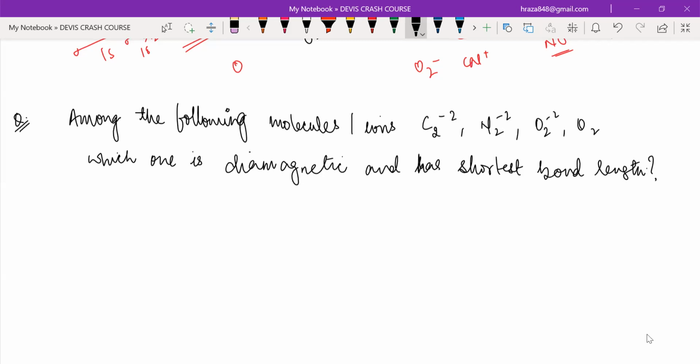We need to tell them which one is diamagnetic and has the shortest bond length.